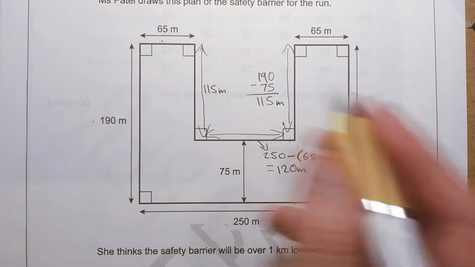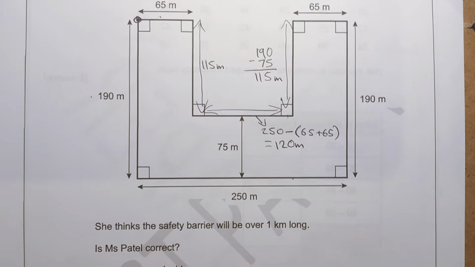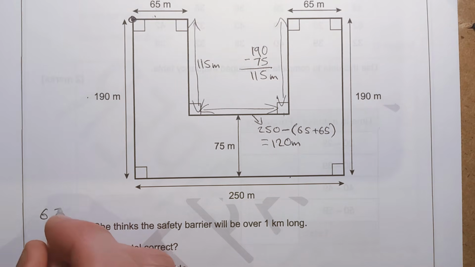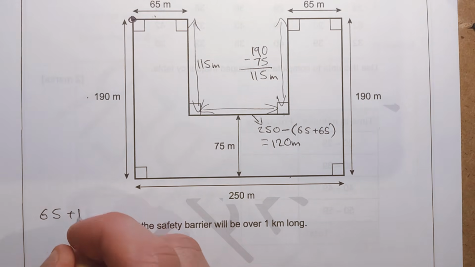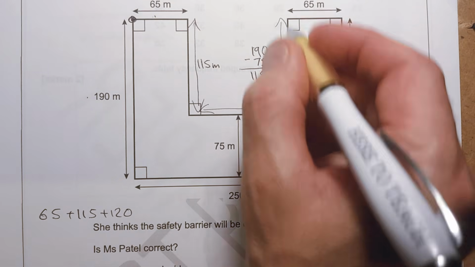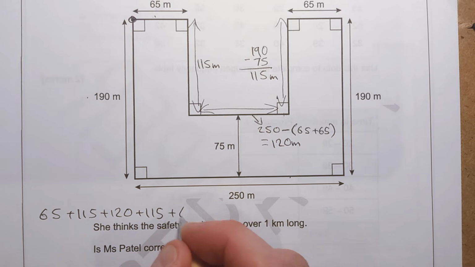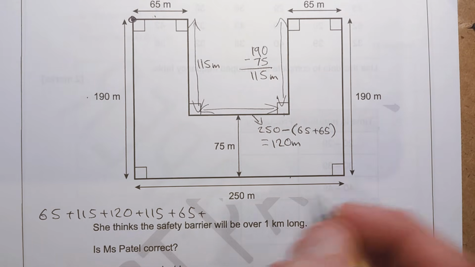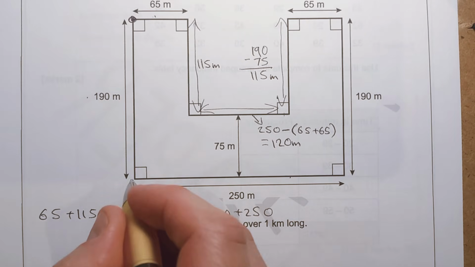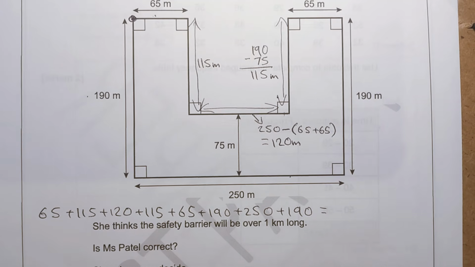So for that perimeter, we need to add them all up. So if we're starting here, I'm actually going to list out all the measurements. So we would have our 65 metres, then 115 metres, then 120 metres, then we're going up another 115 metres, then across 65, down 190, along 250, and then back up 190 metres to finish.